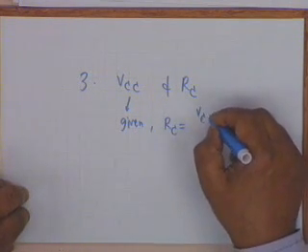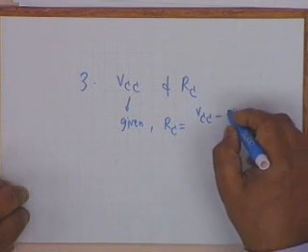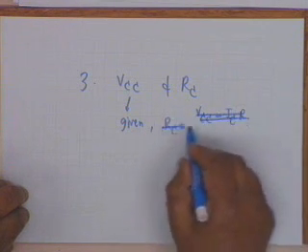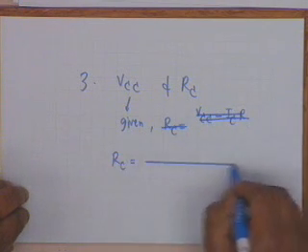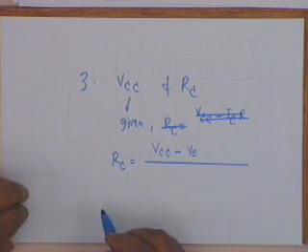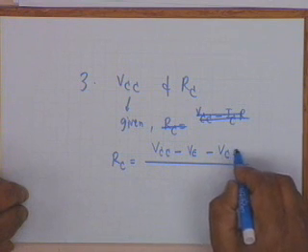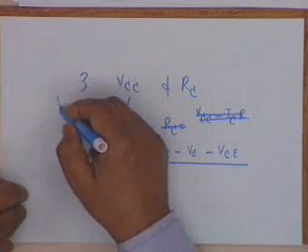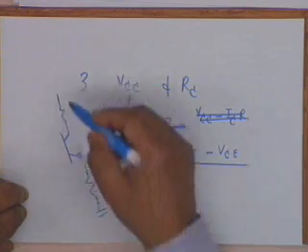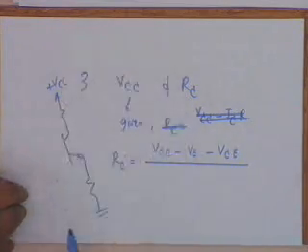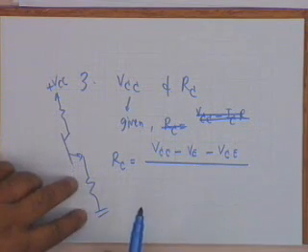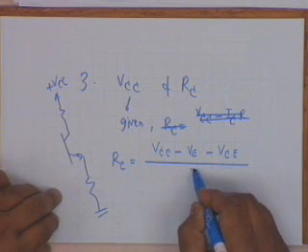R sub C would be VCC minus VE minus VCE, all right, because if you recall, the transistor is like this. This is VCC, VCC minus VCE minus VE divided by I sub C.